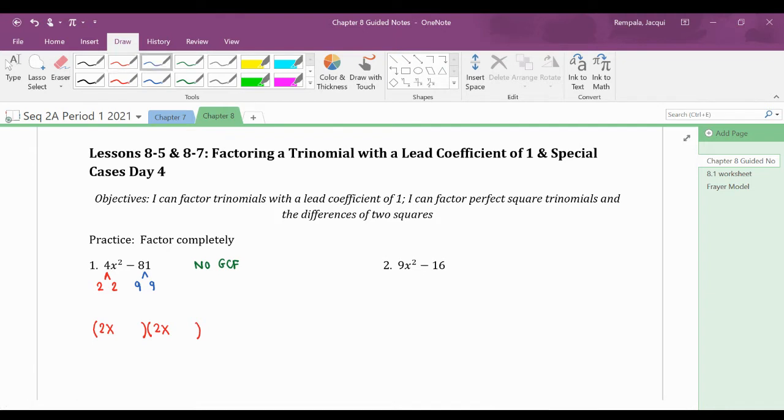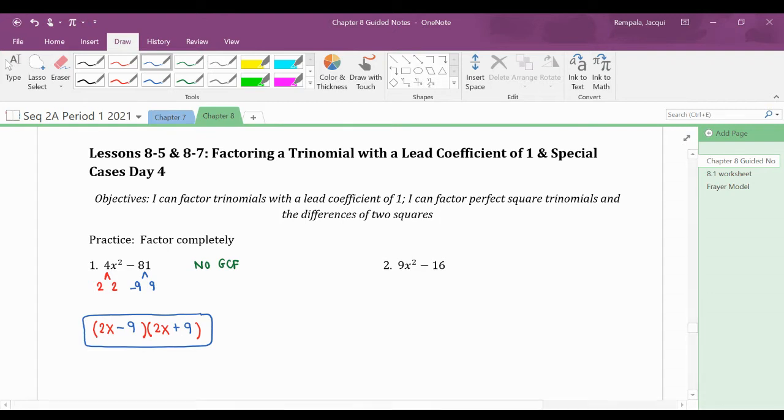Notice that because we are dealing with a negative 81, because of that subtraction sign, technically one of those 9s is negative and one of those is positive, because a negative times a positive is a negative. So that means the rest of my parenthesis is going to end with a negative 9 as well as a positive 9. And that would be my final answer.